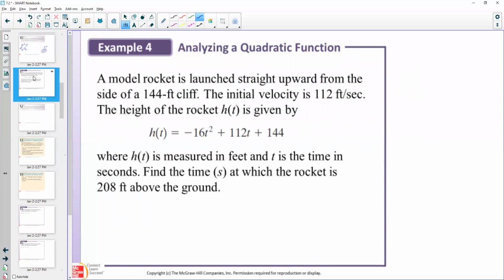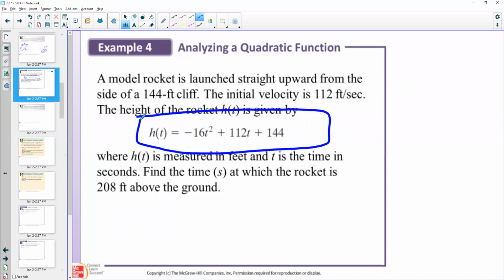All right, a model rocket is launched straight upward. So imagine launching a rocket off the ground from the top of a 144-foot cliff. The velocity is 112 feet per second. The height of the rocket off the ground is given by this. Height, h of t, is measured in feet, and t is the time in seconds.